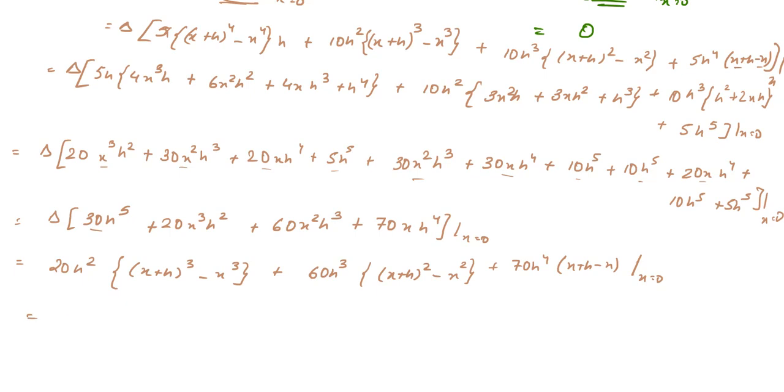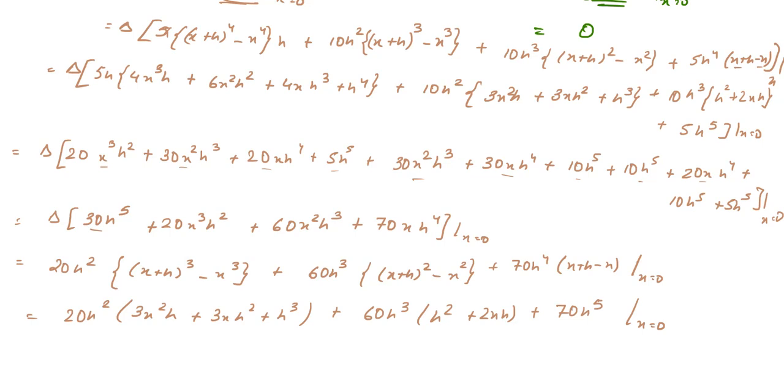So solving further, we have 20h square in bracket 3x square h plus 3x h square plus h cube, x cube gets cancelled out, plus 60h cube. Here we have h square plus 2xh, again x square gets cancelled, and here we are left with 70h to the power 5, and this x is equal to 0.